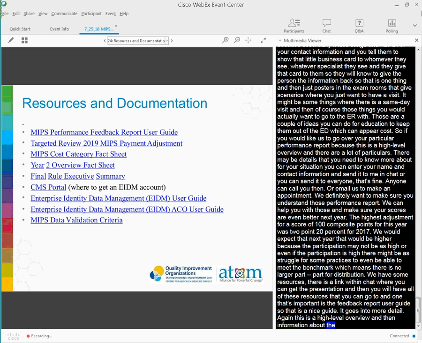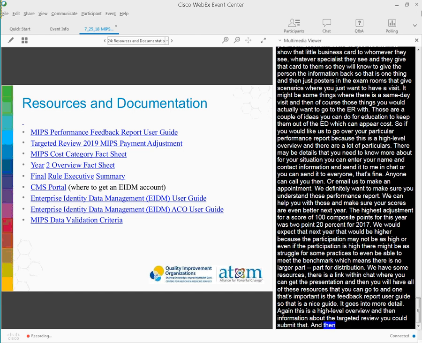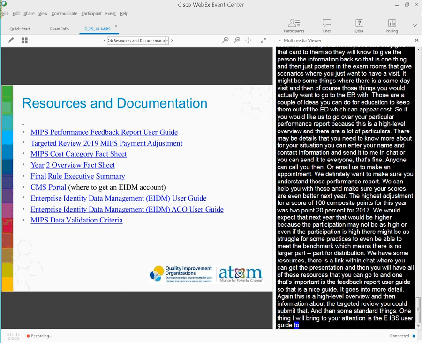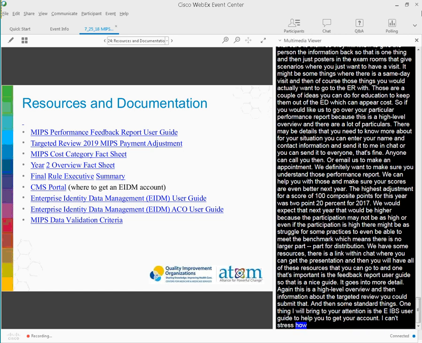Oh, one thing I will bring to your attention is the EIDM user guide to help you in getting your account. I cannot stress enough how important it is. If you do not have your EIDM account, and I think most of you, if you submitted for 2017 or you looked at your performance report, you have your EIDM account and everything is in order.